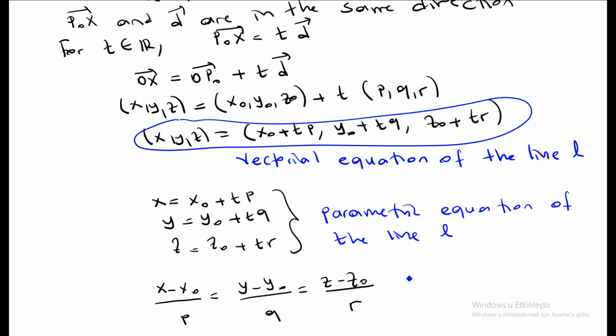This one is called the Cartesian equation, or sometimes they call the symmetric equation of the line.